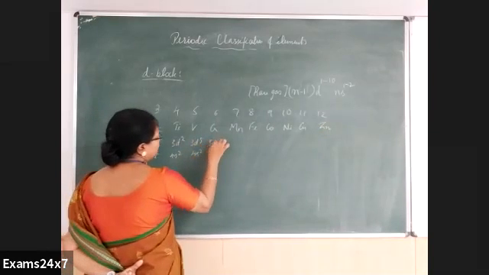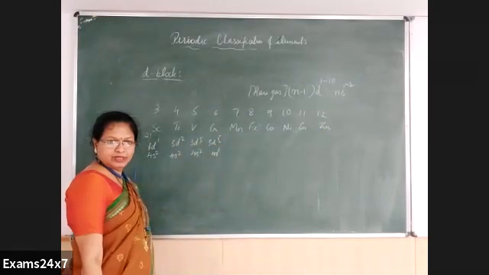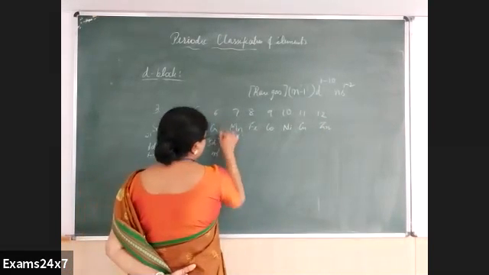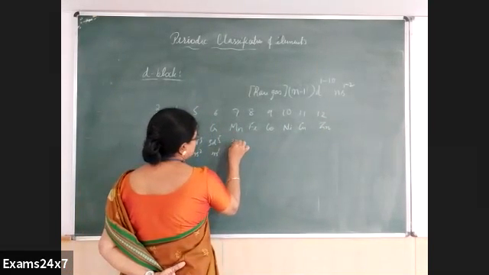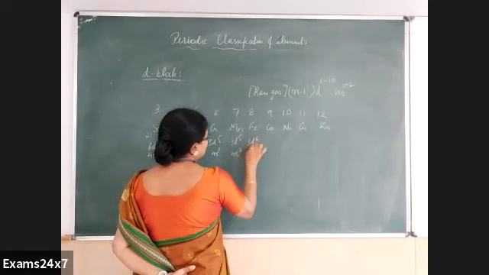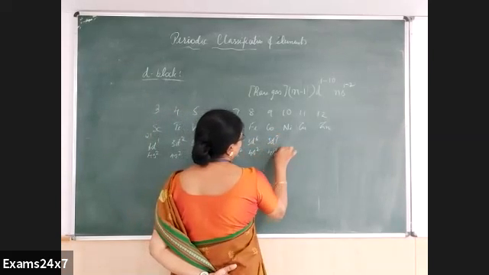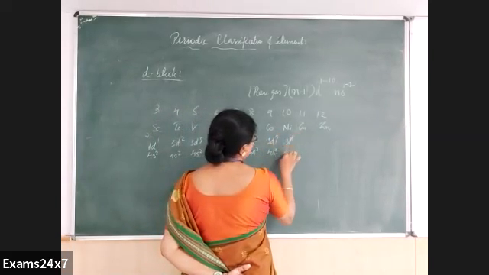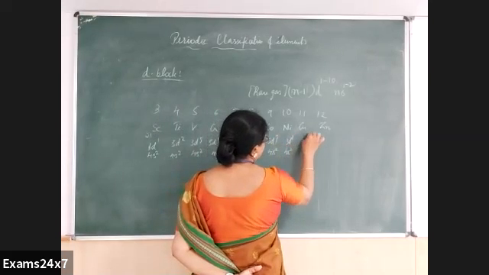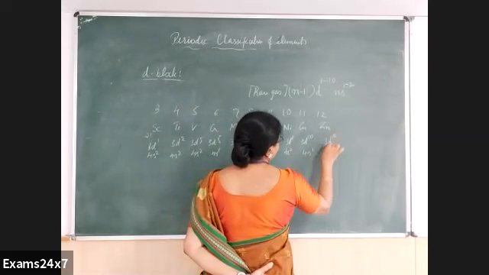This is 3d5 4s1, anomalous because of the configuration. This is 3d5 4s2, 3d6 4s2, 3d7 4s2, 3d8 4s2, 3d10 4s1, 3d10 4s2.